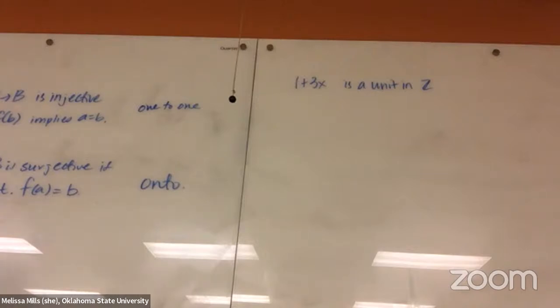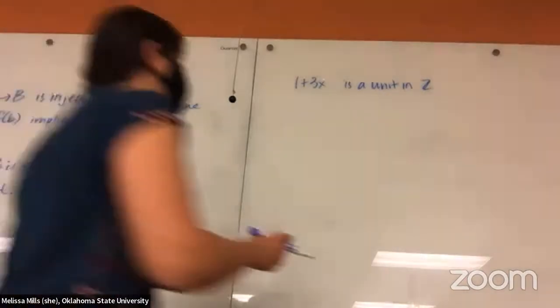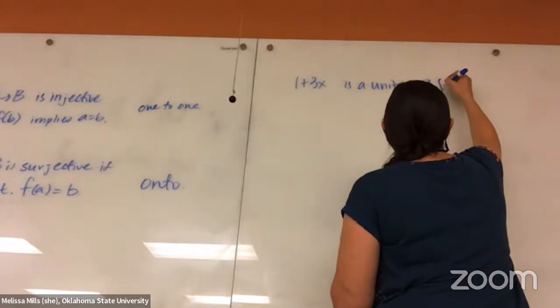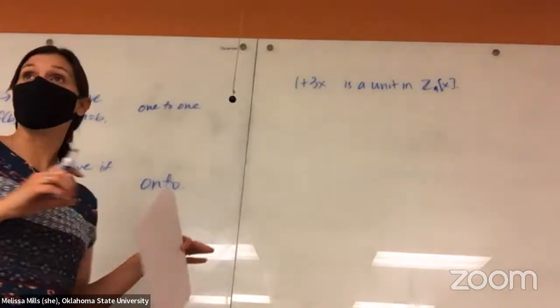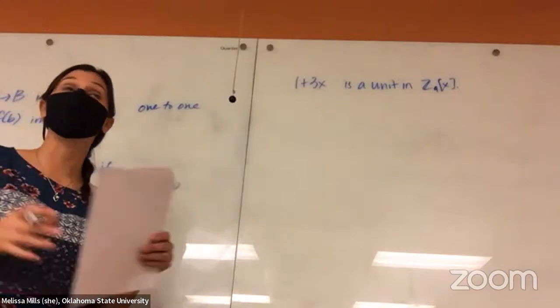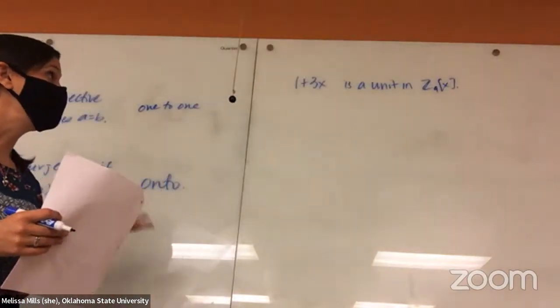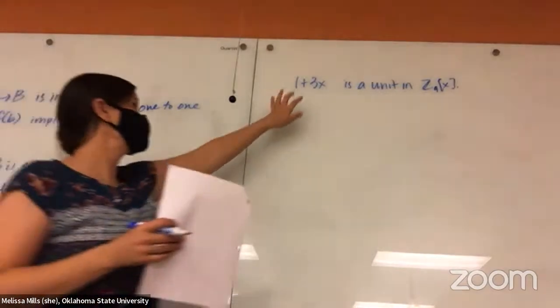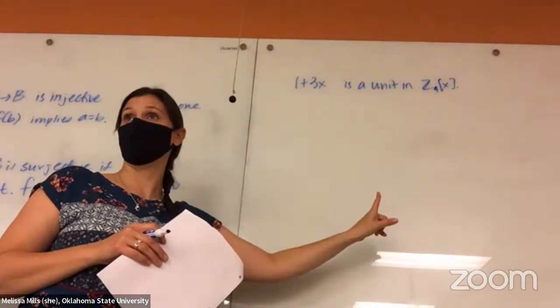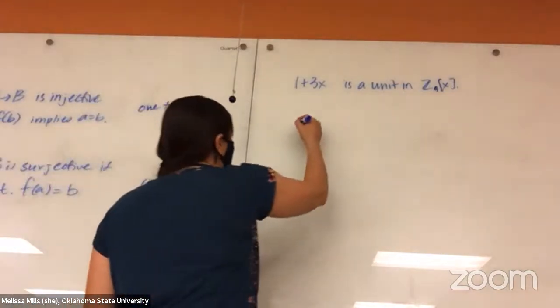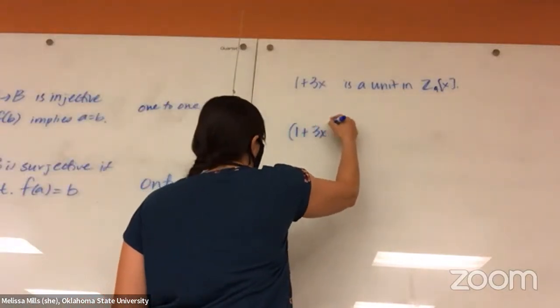Yeah, so you were asked to prove that, Z mod 9 adjoin X. Okay, so you were asked to prove that that thing is a unit in Z mod 9 adjoin X. Okay, so how do we prove that? Well, I'm going to have to find a polynomial such that when I multiply that polynomial by this polynomial, I get 1, right? And so, 1 + 3x.